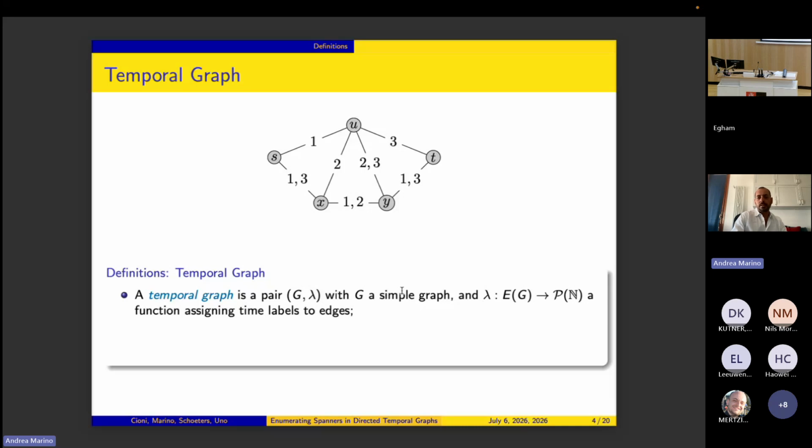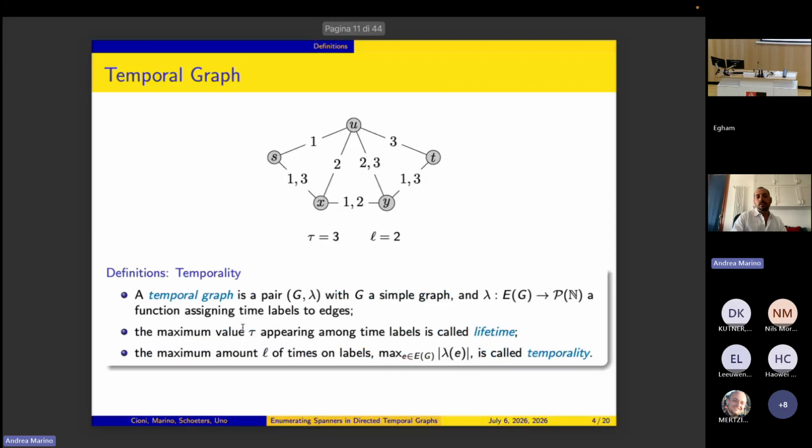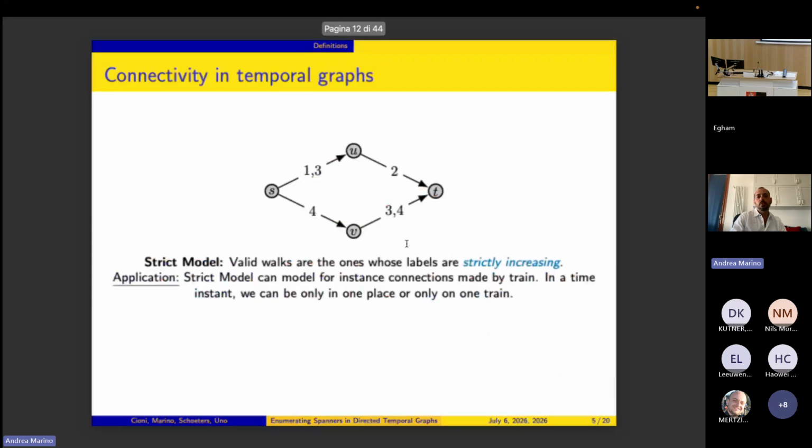Lambda assigns the time labels, and I call the lifetime, denoted tau. I will also make use of temporality, which is the maximum number of time labels that you can have for each edge. So this graph has lifetime 3 because the maximum label is 3, and temporality 2.